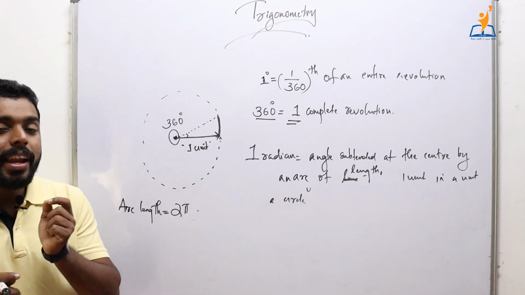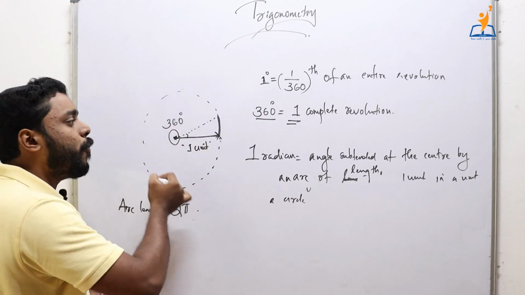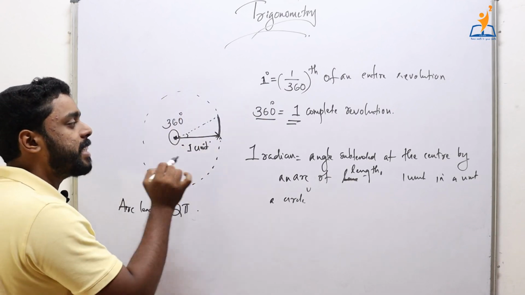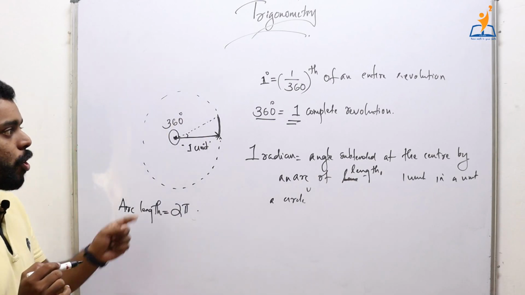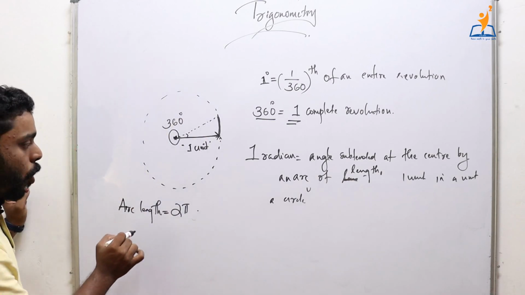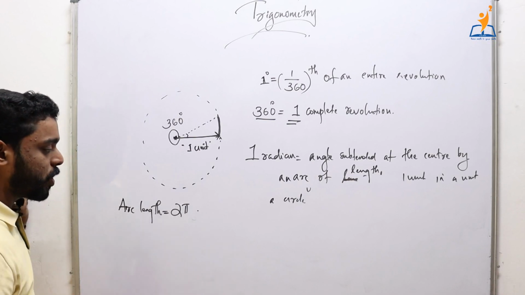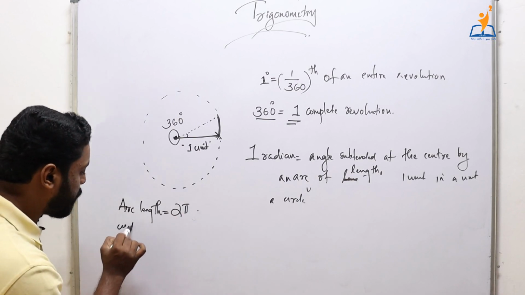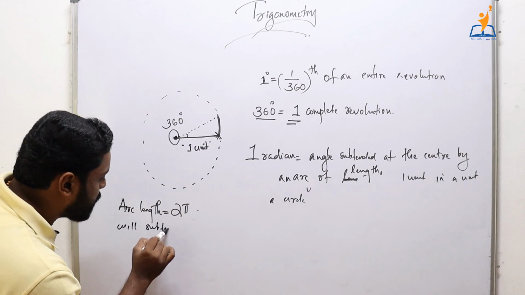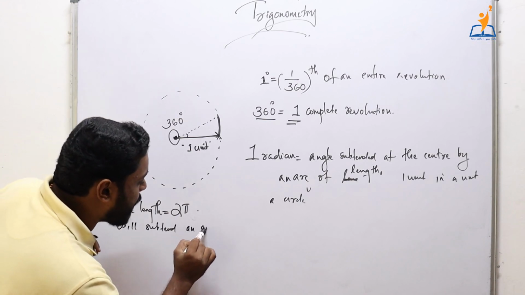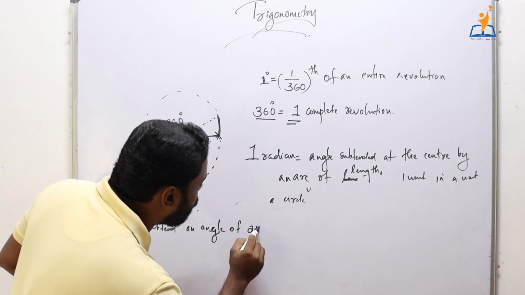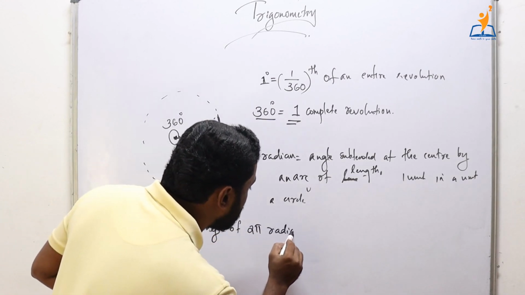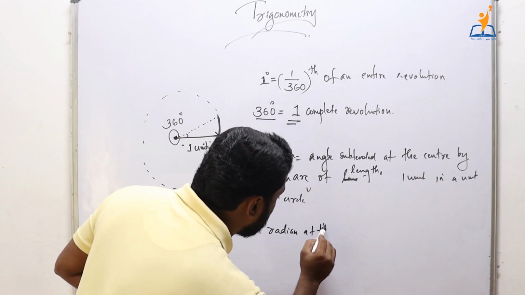Is it clear? Now since an arc of length r units subtends an angle of r radians at the center of a unit circle, we know that an arc of length 2 pi will subtend an angle of 2 pi radians at the center.